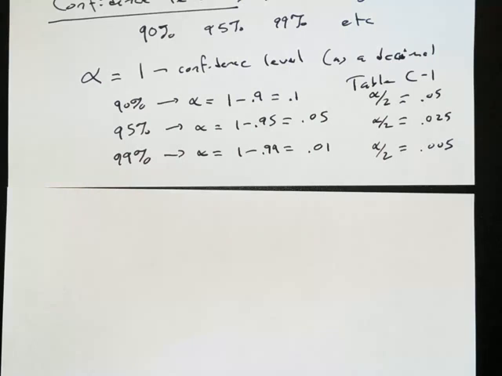I want you to go the other way around. I want the value in the table to be 0.0500.